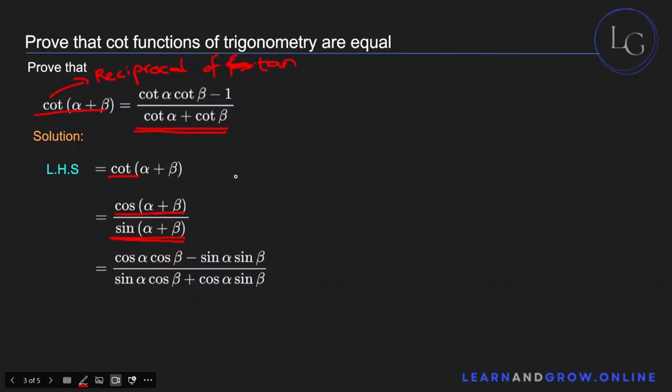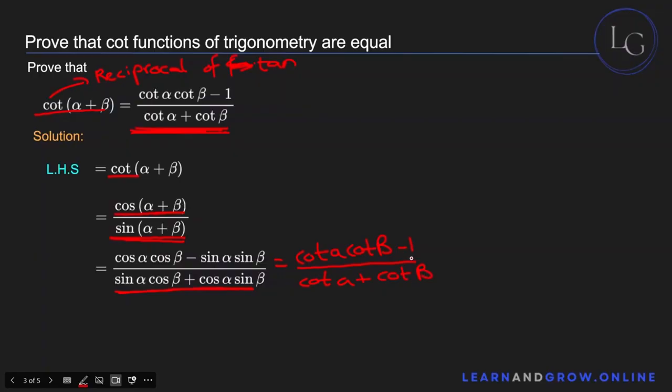Fairly simple. But now look at this. Look at this over here, the right hand side, and look at this here, right? These two should be equal, obviously, right? So this is equal to cotangent a cotangent b minus 1 over cotangent a plus cotangent b.